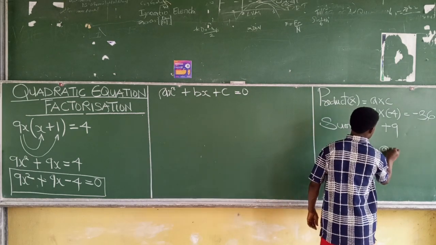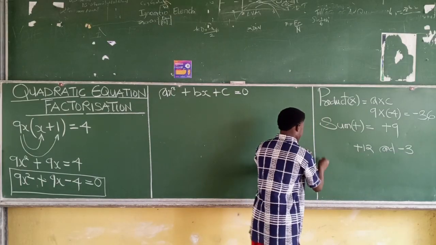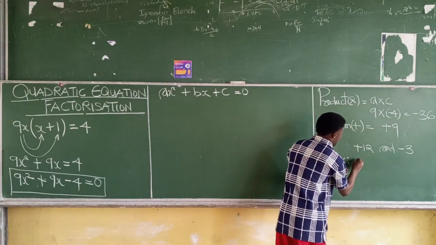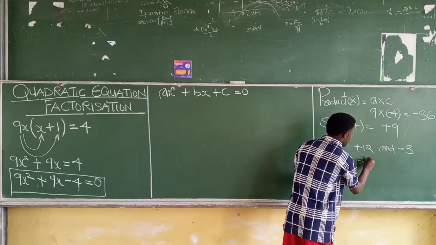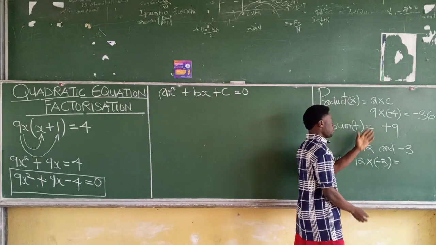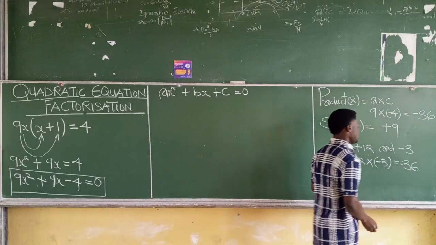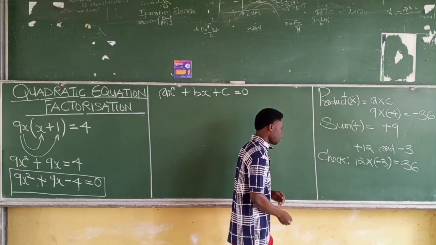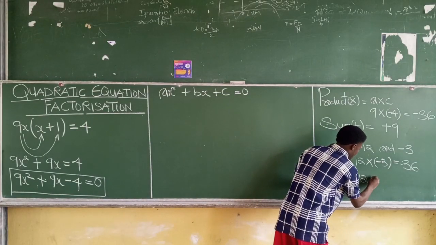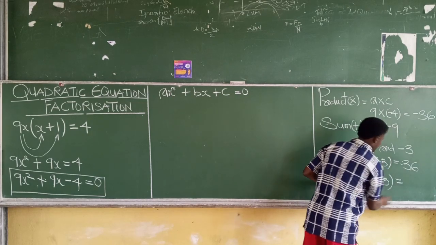and minus 3. Let's check. 12 times minus 3 is equal to the product, which is minus 36. And the sum: 12 plus minus 3.